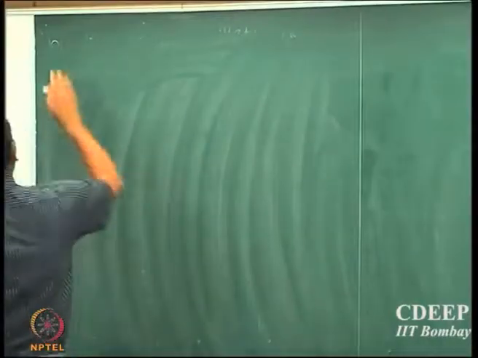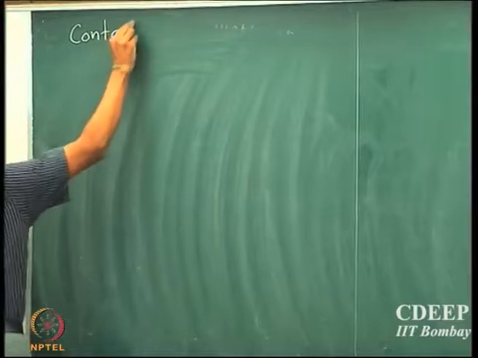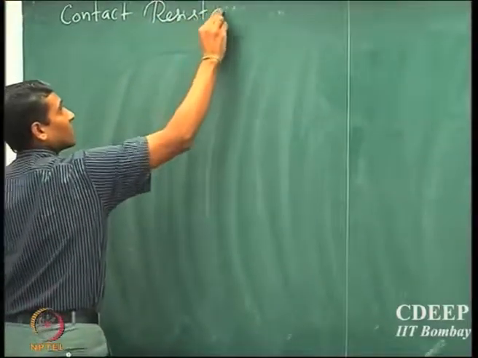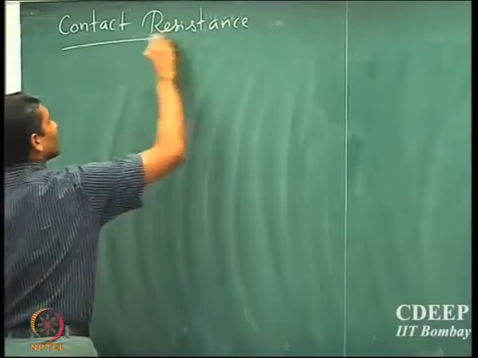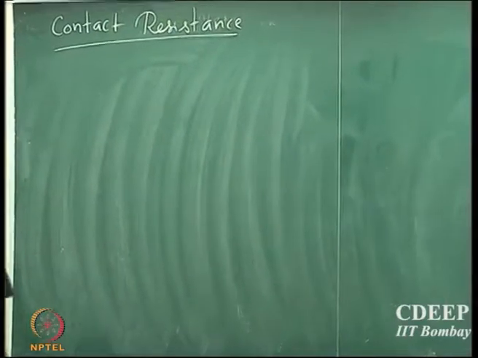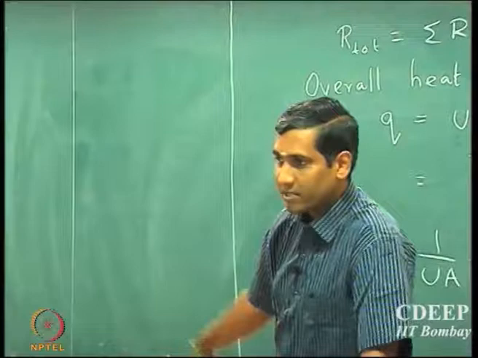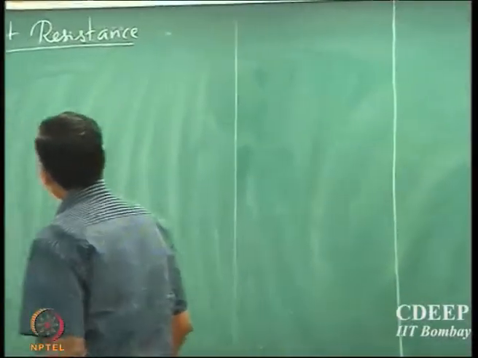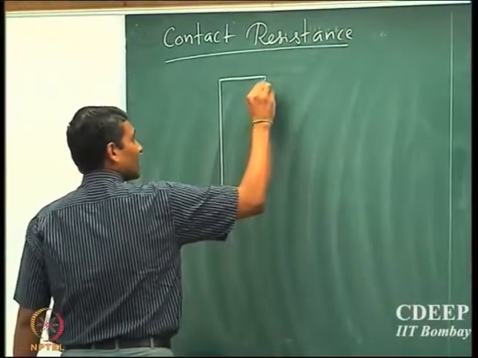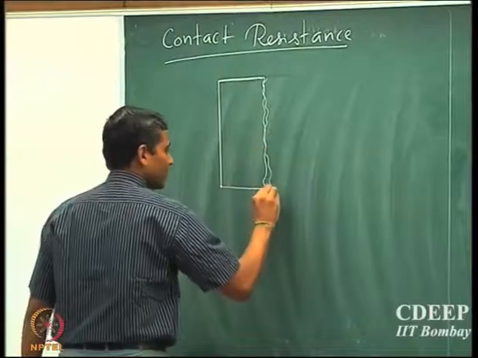So there is one small aspect about resistances. There is something called contact resistance. So far in all the couple of examples that we described in the last lecture and start of today's lecture, we assumed that the contact between the slabs is supposed to be a smooth contact.